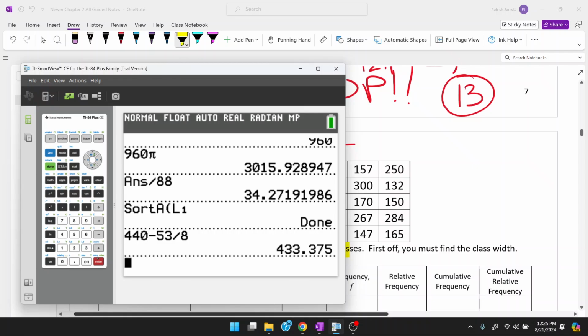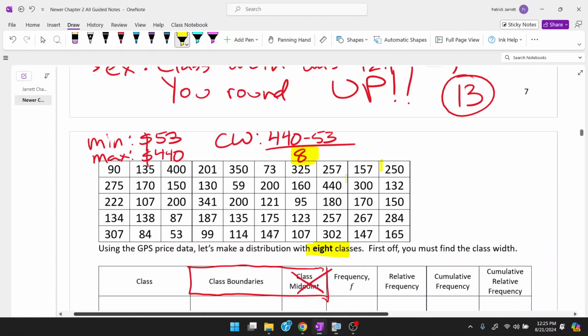Okay, did I do something wrong here? Parentheses. Watch this. Now, I would want to do 440 minus 53 and then divide it by 8, and I get 48.375. But do I round up or down?